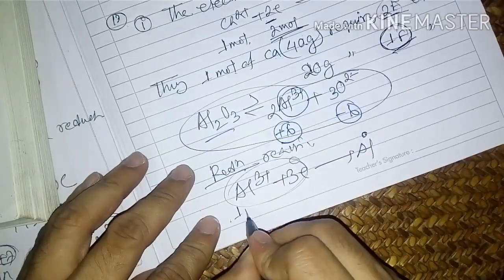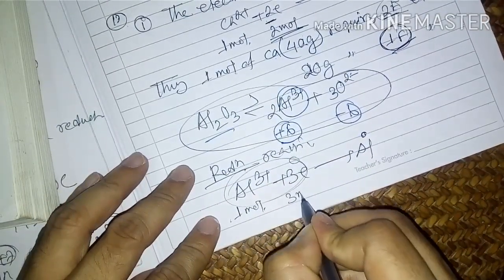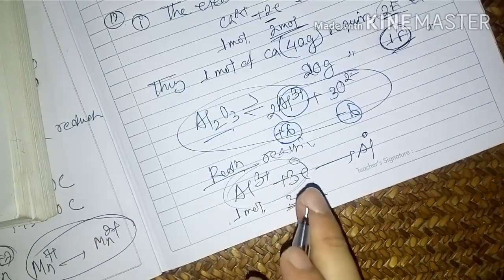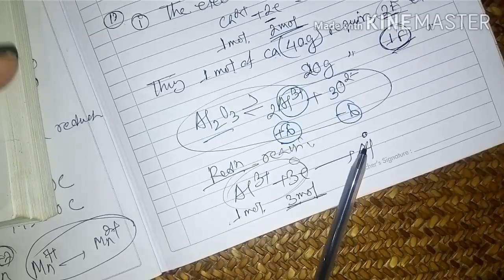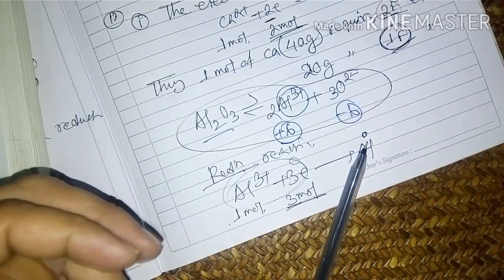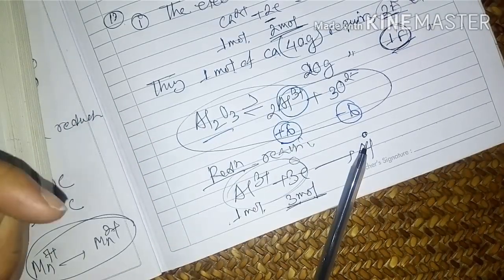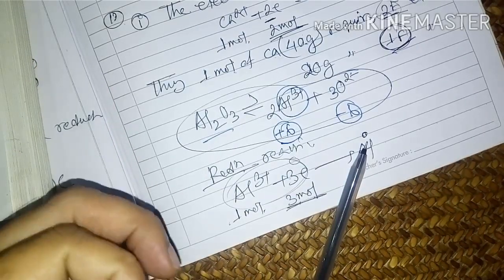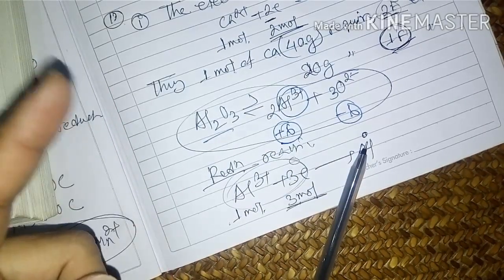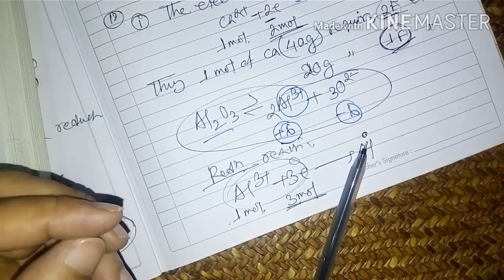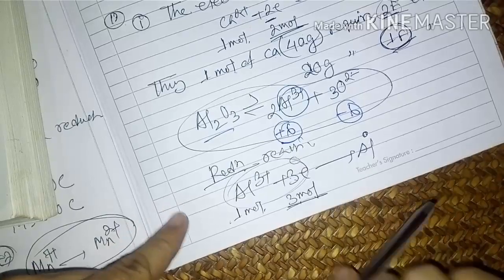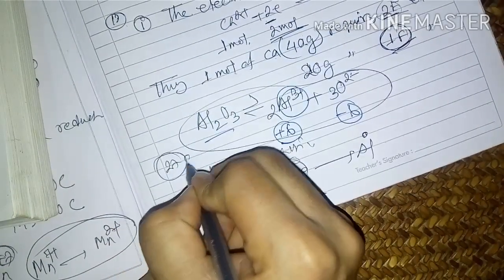Now this is 1 mole and this one is 3 mole. How many moles of electrons here? 3 mole. See, how many gram of aluminum? Here the question says 40 gram of aluminum from molten Al2O3. We know that the atomic mass of aluminum is 27 gram.